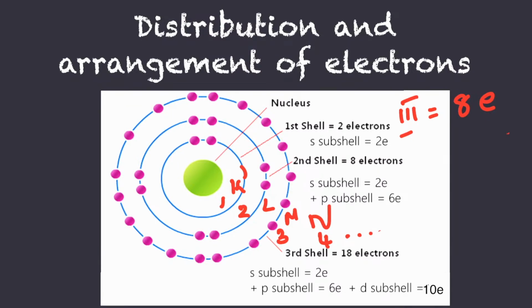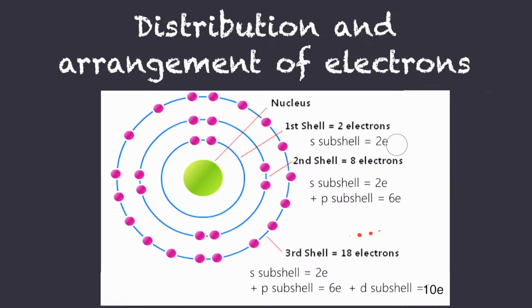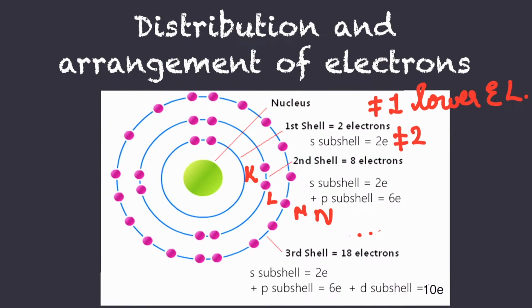Now let's take a quick look at these rules once again. What was the way in which the electrons could be arranged? The first rule: the electrons should be arranged according to the lower energy levels, so from the K shell first and then moving forward. The second rule was how many electrons could occupy each shell.